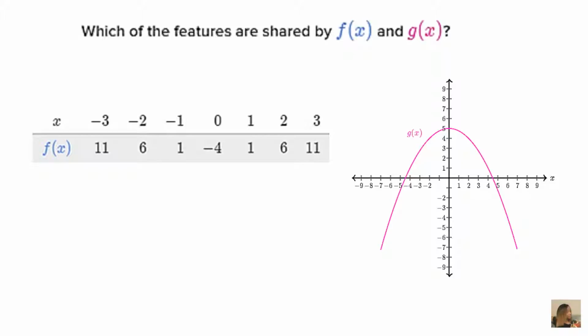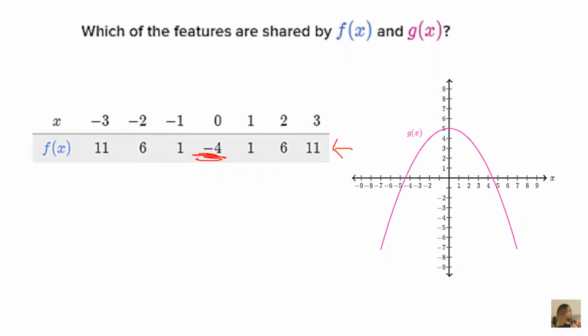So let's check the first option. We're going to examine the minimums. The minimums deal with the f of x, or you could say y values, okay? So the minimum for f of x is going to be -4. And the minimum amongst the g of x values, let's see.